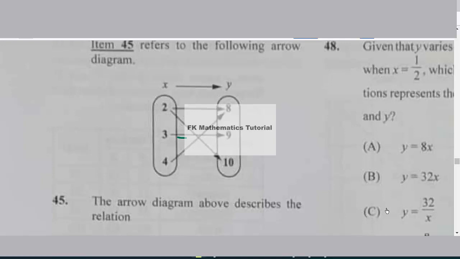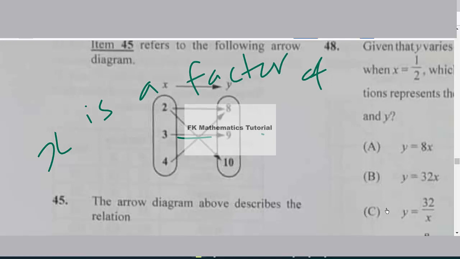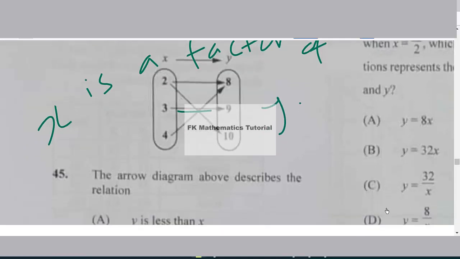Then 3 maps onto 9. 3 is a factor of 9. 4 maps onto 8. 4 is a factor of 8. So X is a factor of the Y values. X is a factor of Y. So the correct answer is C.